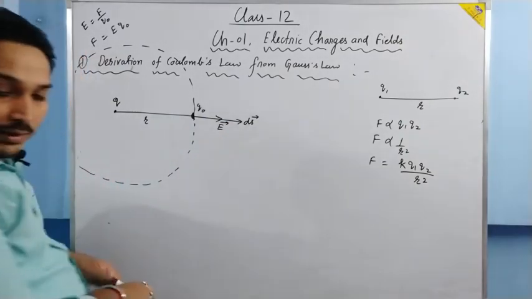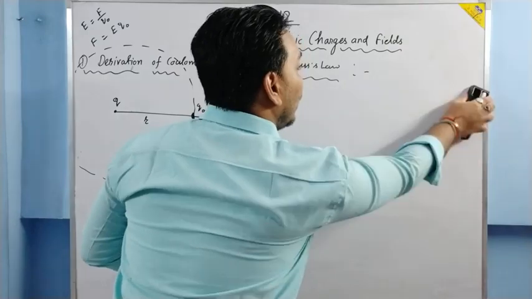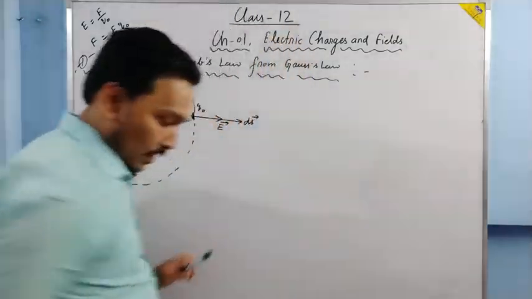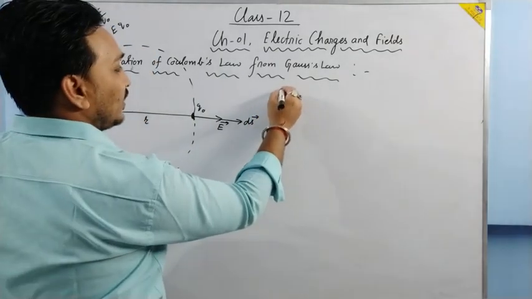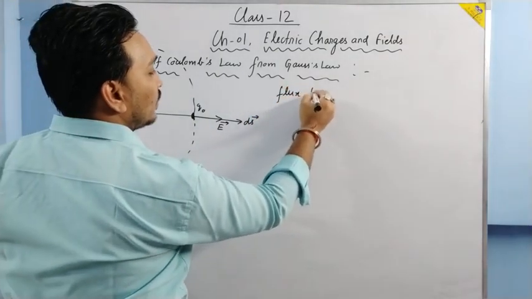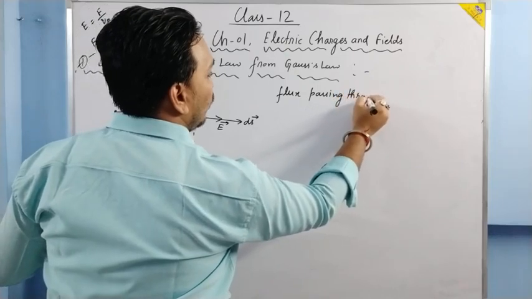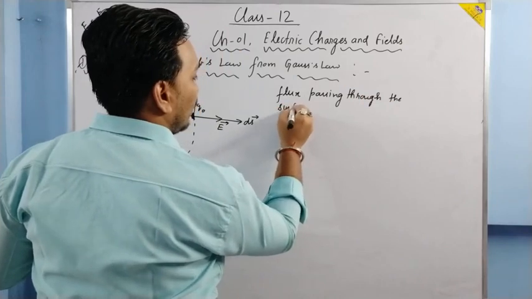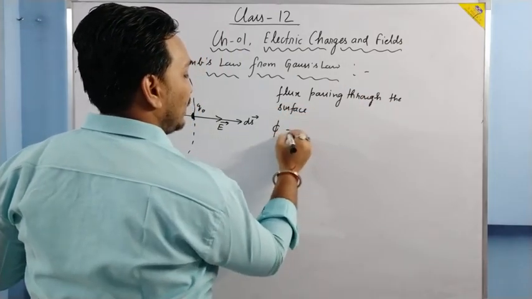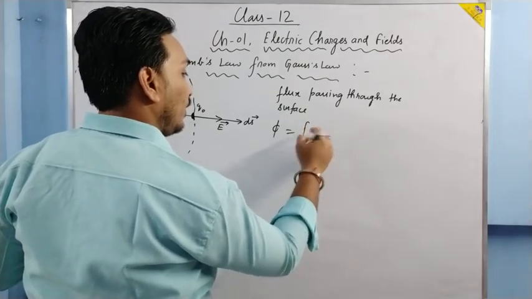So if we calculate the value of flux passing through the surface, then phi is equal to the integration of d phi.